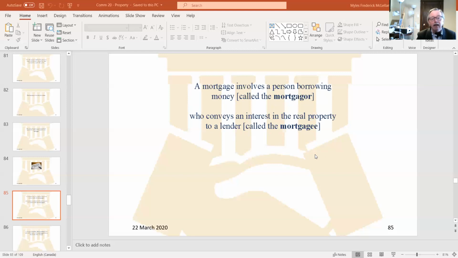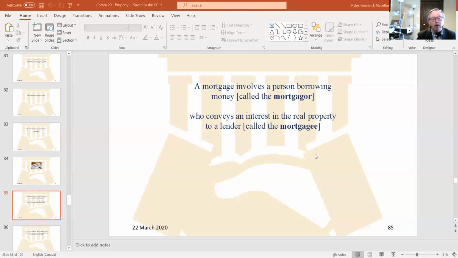Again, businesses also mortgage their properties for the purposes of raising capital to carry on the business of making profit. In a mortgage transaction, the person who borrows money, or the company for that matter, is called the mortgagor, or technically the chargor in land titles.